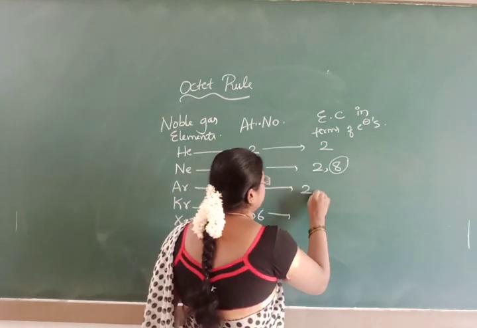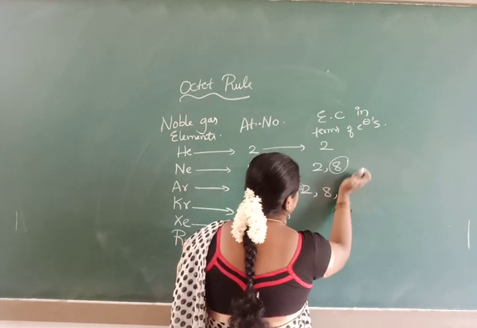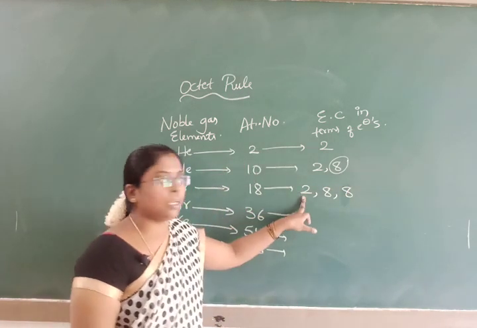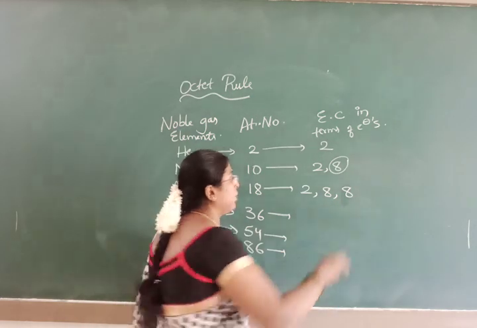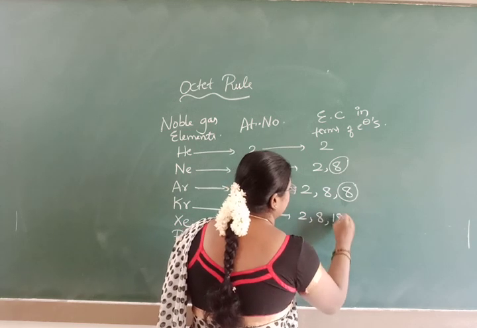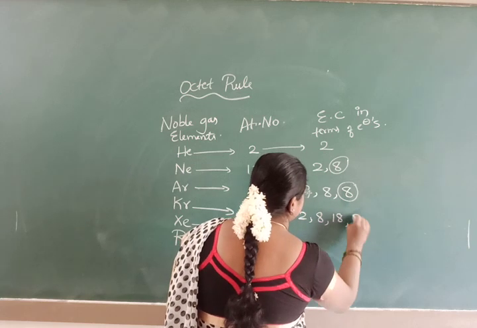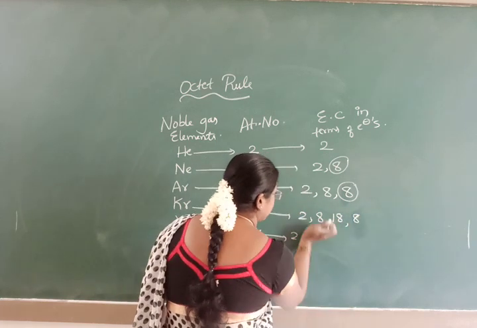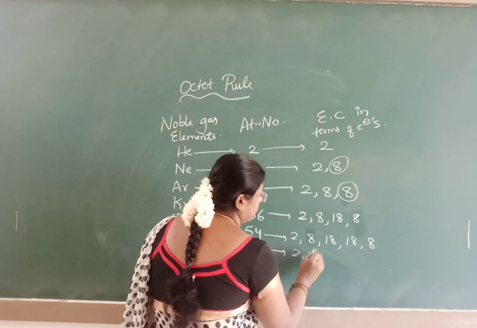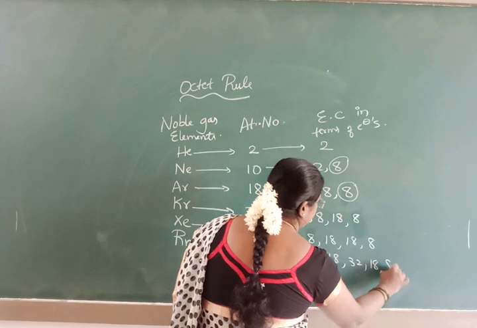For argon it is 2, 8, 8: first shell, second shell, third shell, and the last shell has 8 electrons. Similarly, 2, 8, 18, 8; 2, 8, 18, 18, 8; and 2, 8, 18, 32, 18 and 8.